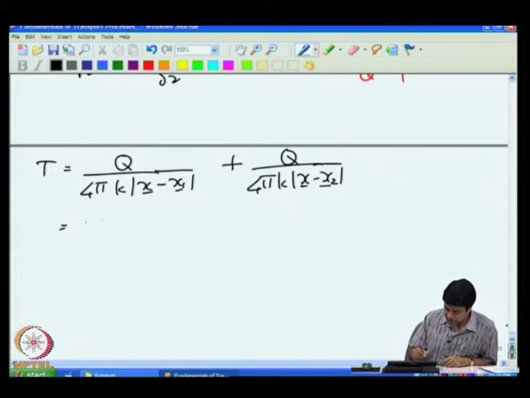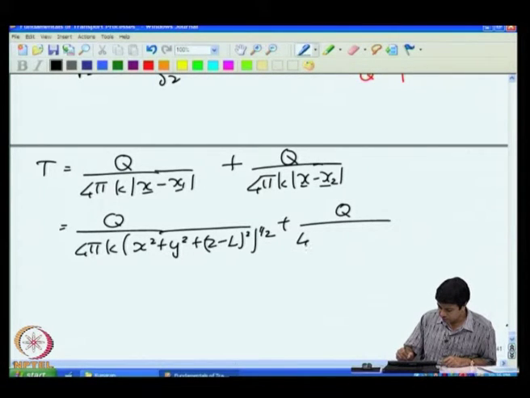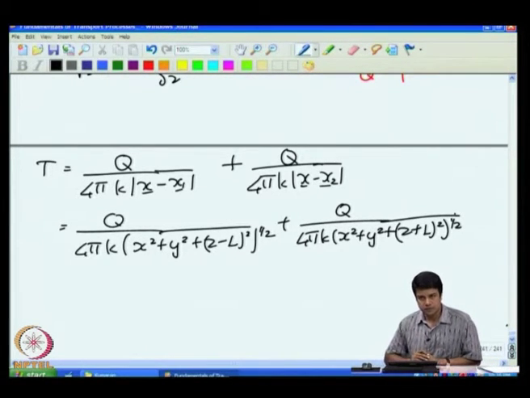Or if I were to expand it out for this case, I will have q by 4 pi k into square root of x square plus y square plus z minus L the whole square, plus q by 4 pi k into the distance between the source and the sink.